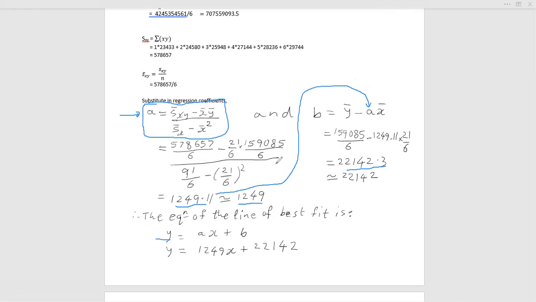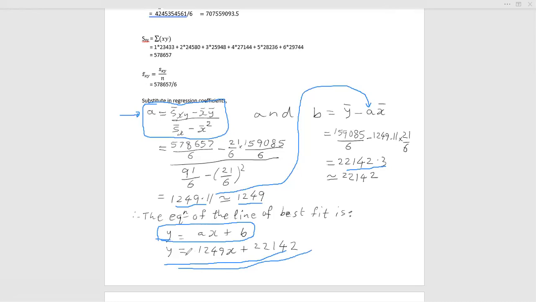Right? Then once we found A and B, we can simply substitute them in y equals ax plus b, and we get the equation of the regression line, which is this. So that's how we find the equation of the regression line.